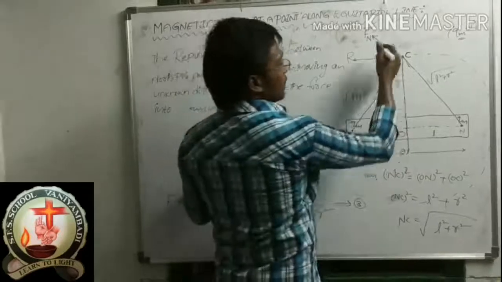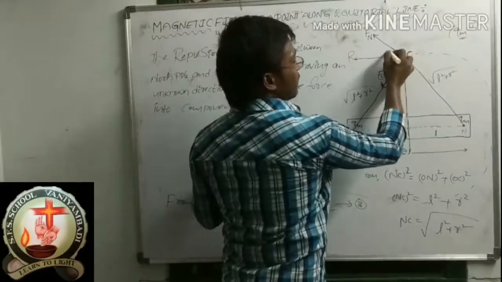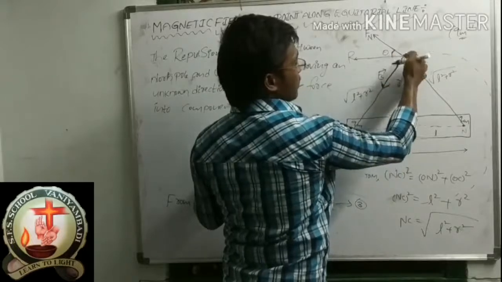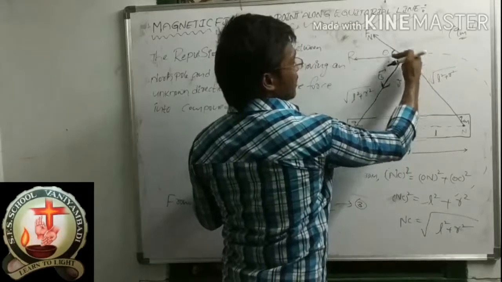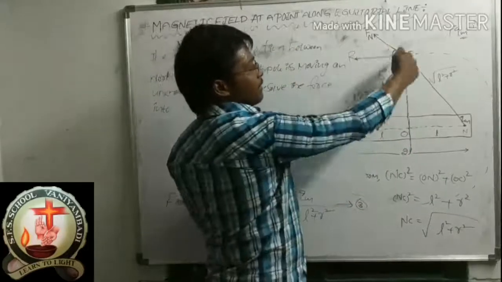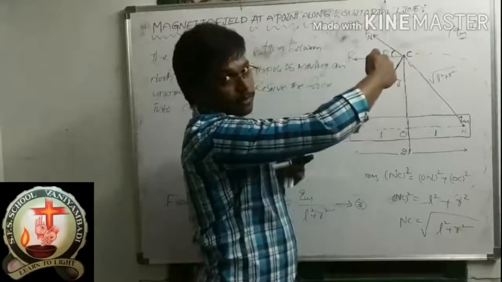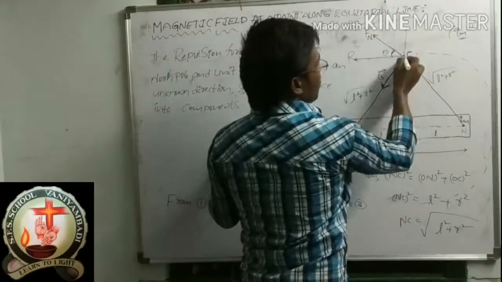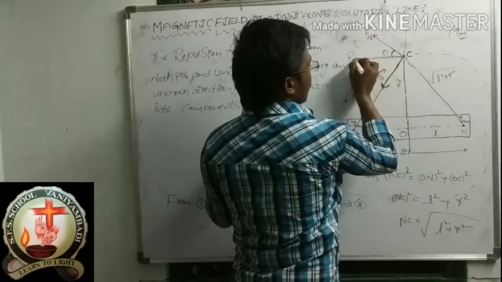Now this force vector is making an angle theta with respect to the resultant. Okay, so now I am going to split this north pole force. So this is one component and this is another component.